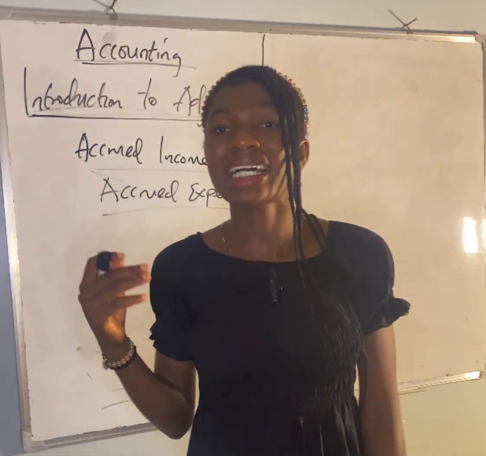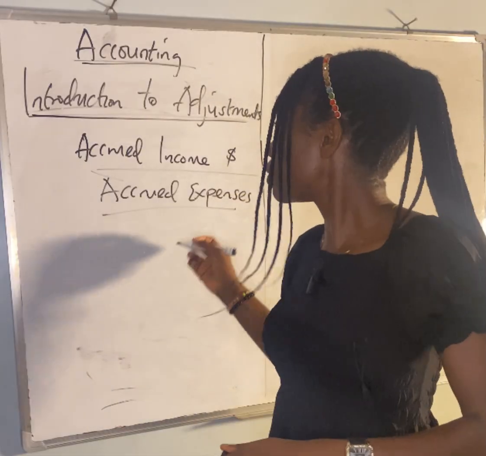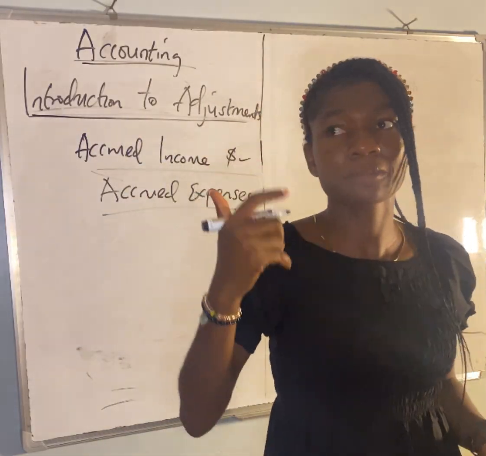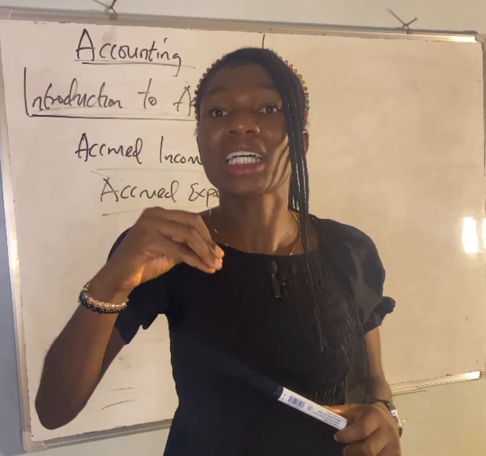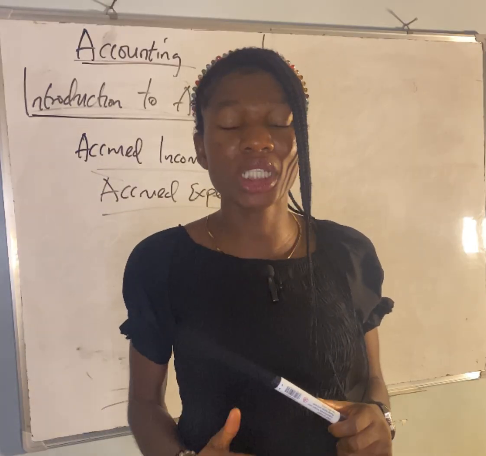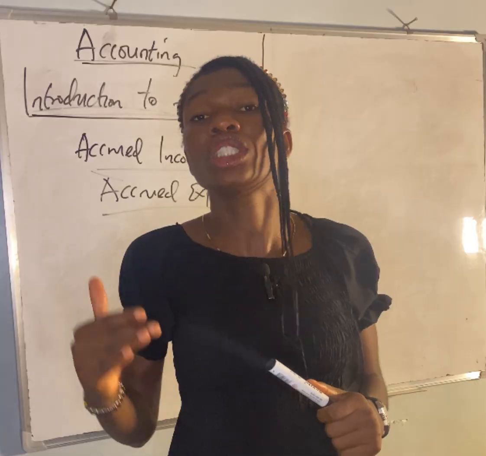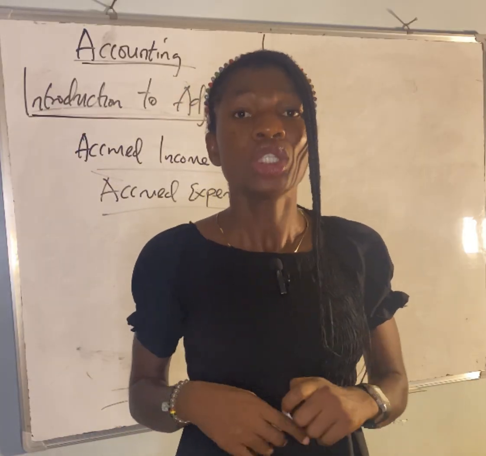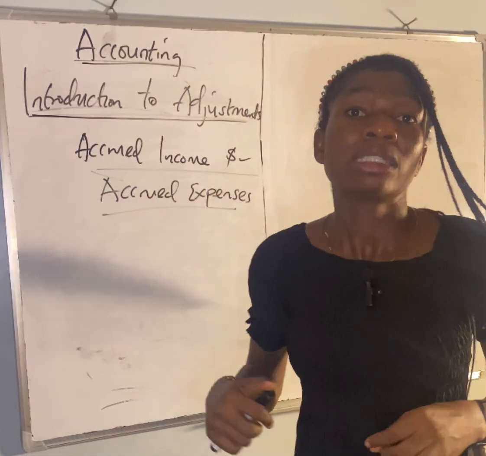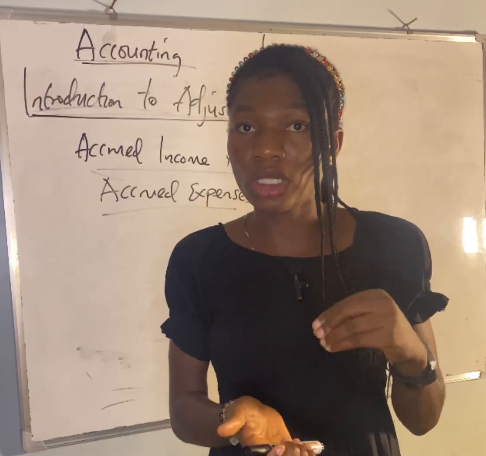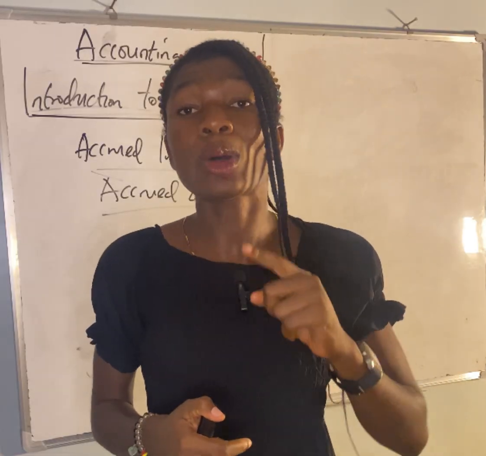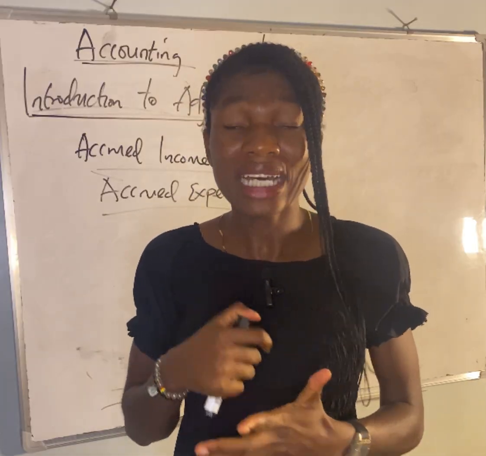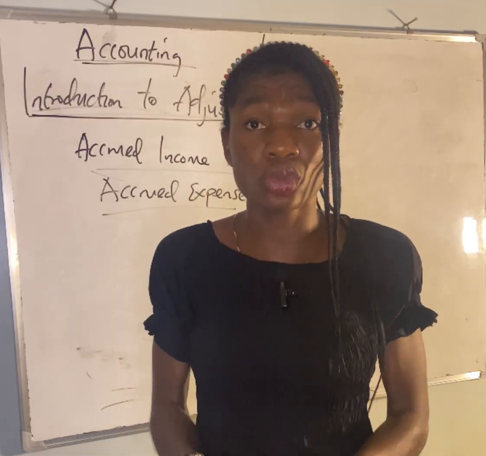Now when we talk about accrued income, what do we mean? Anything that has to do with accrued means something that is due but not yet paid, due but not yet received. So accrued income means this income was due this particular year, but as at when we are preparing the financial statements, that income has not been received, although it is due to you.